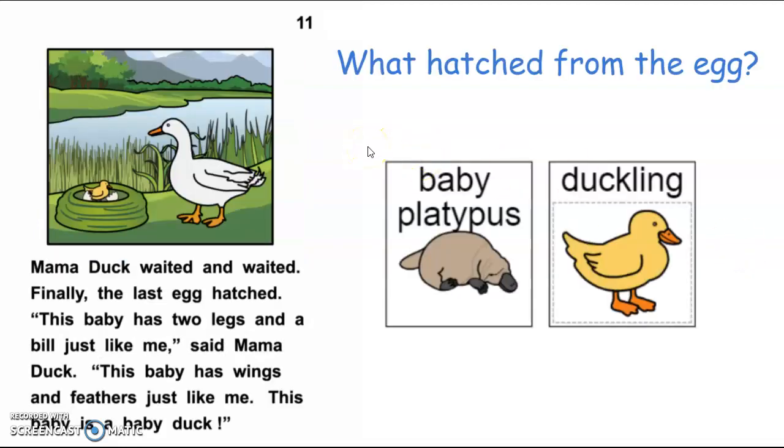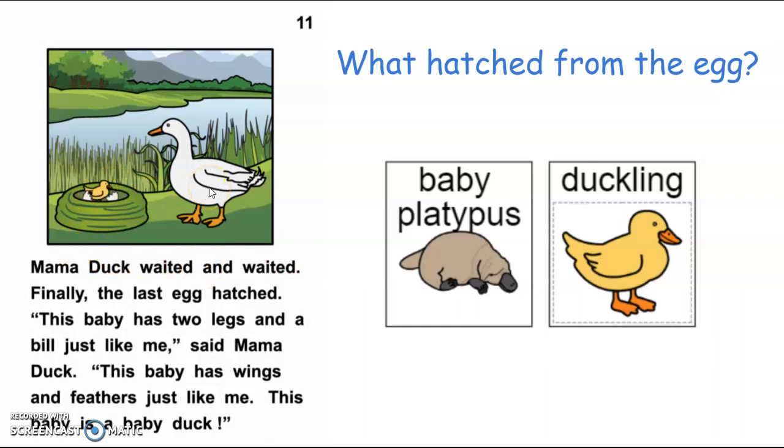Mama Duck waited and waited. Finally, the last egg hatched. This baby has 2 legs and a bill. "It has a bill, just like me," said Mama Duck. "This baby has wings and feathers just like me.